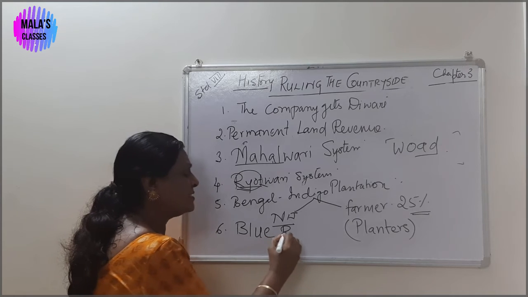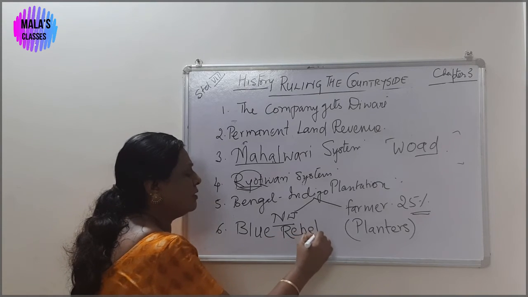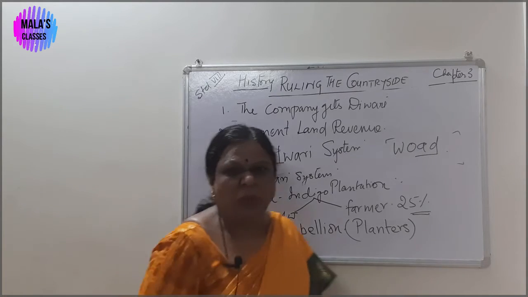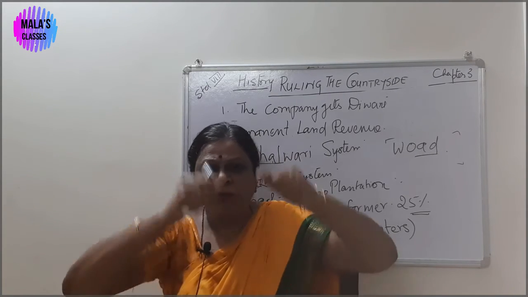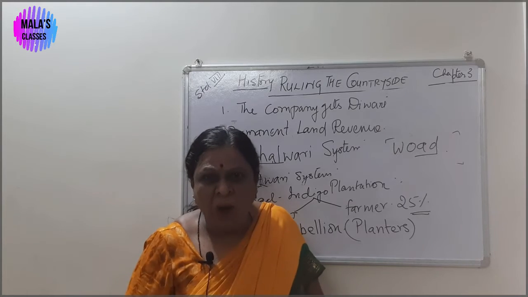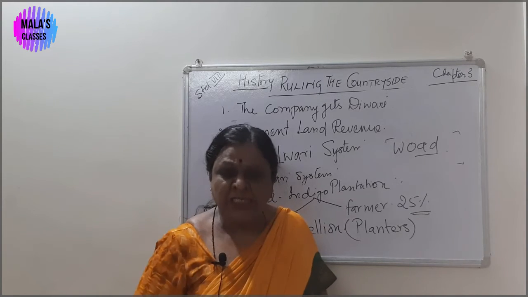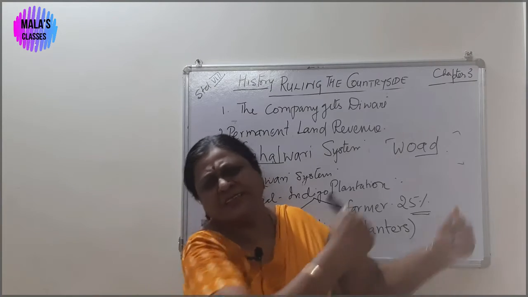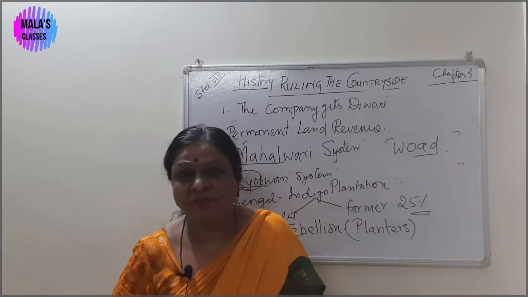What was it called? The Blue Rebellion. What was this Blue Rebellion? People from their houses came out with lathis, pots, pans, sticks, swords, knives, and chased the planters away. Okay.